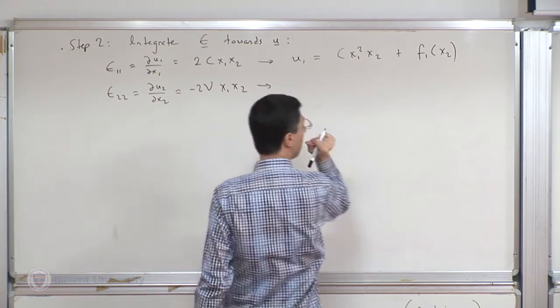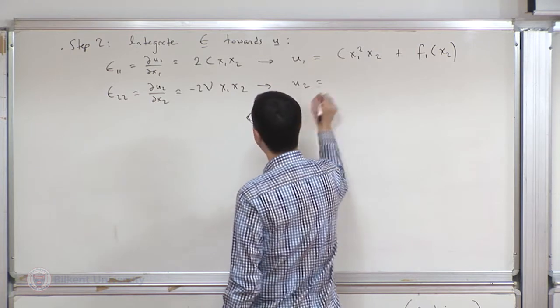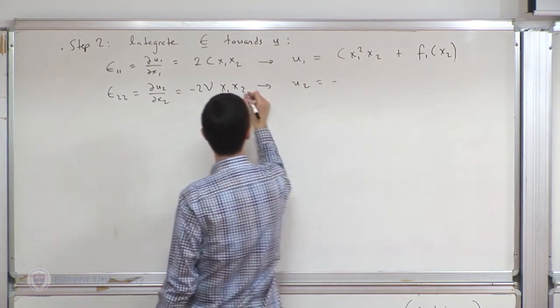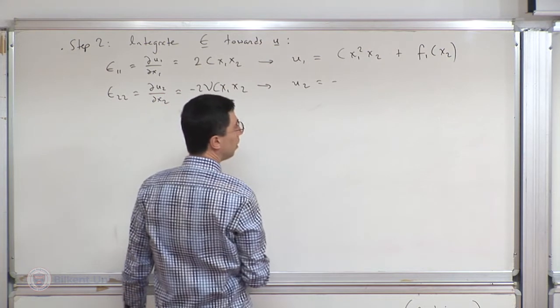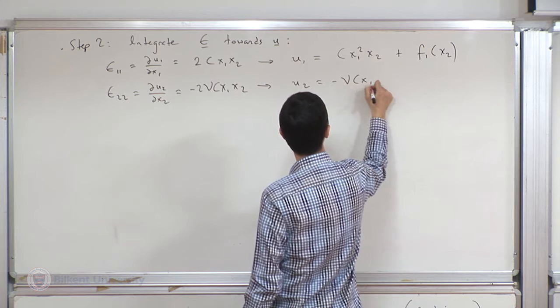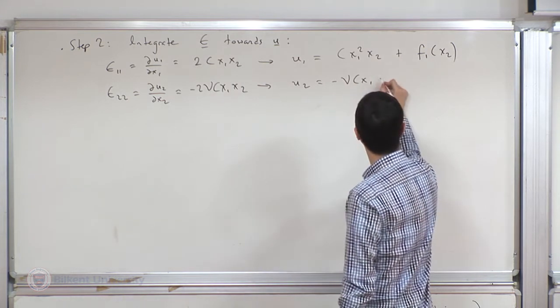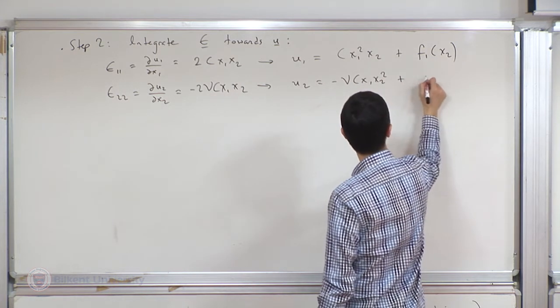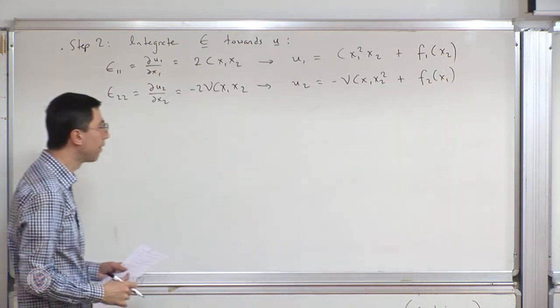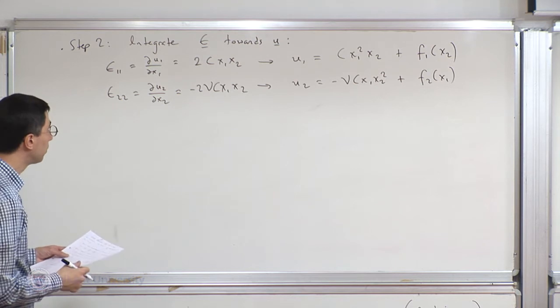Right? So I have u2 equals minus nu c x1 x2 squared plus, in this case, a function of x1 only. And I called that f2.